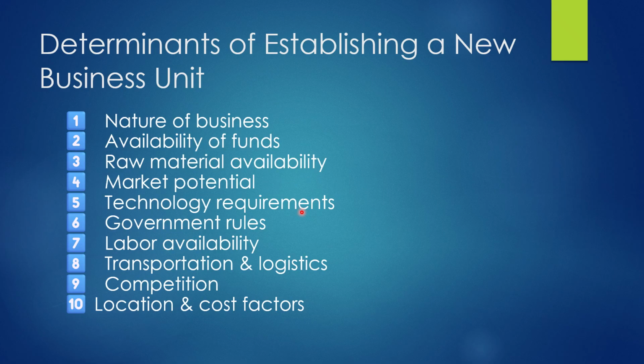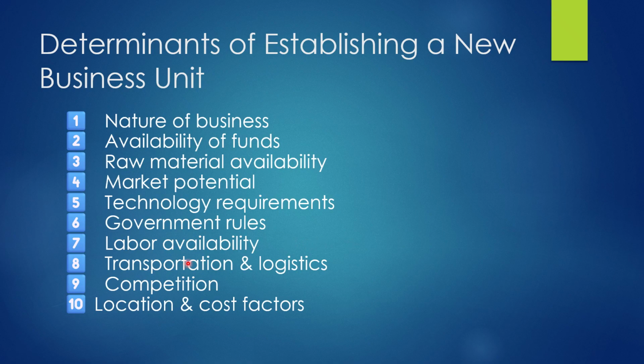The technology requirements, we say that the high-tech industries need specialized infrastructure. Then there are government rules and incentives. When we talk about subsidies, they always encourage business location. Next is the labor availability. If skilled manpower is available, then it will definitely improve the performance.